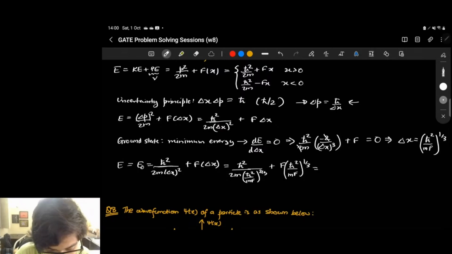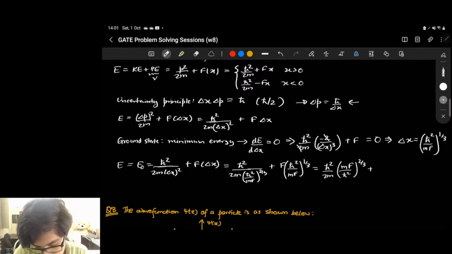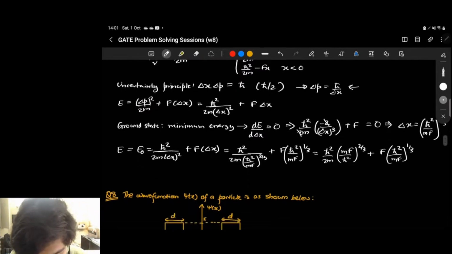So simplifying it, we get h cross squared by 2m times mf by h cross squared to the power 2 by 3, plus f times h cross squared by mf to the power 1 by 3. Now, if you look at the factors of f, you have one factor of f over here.